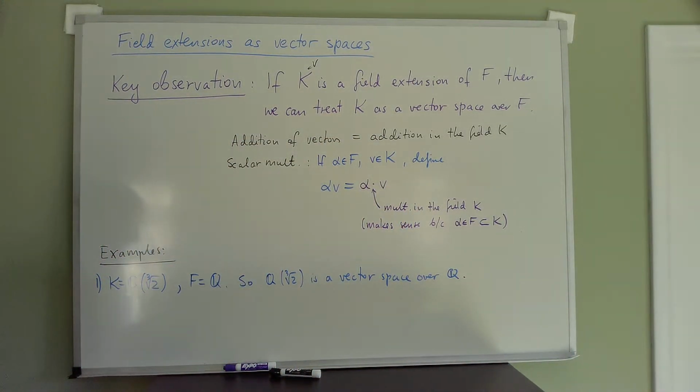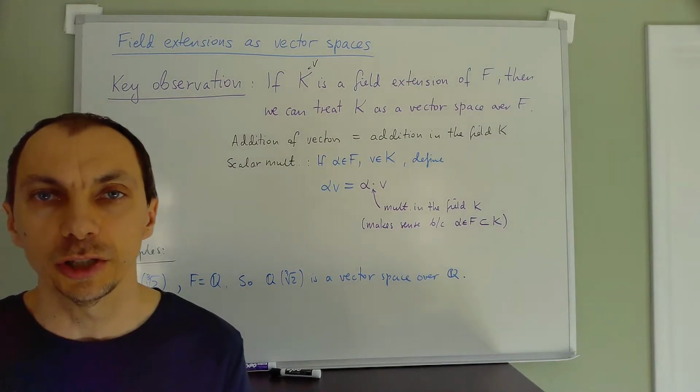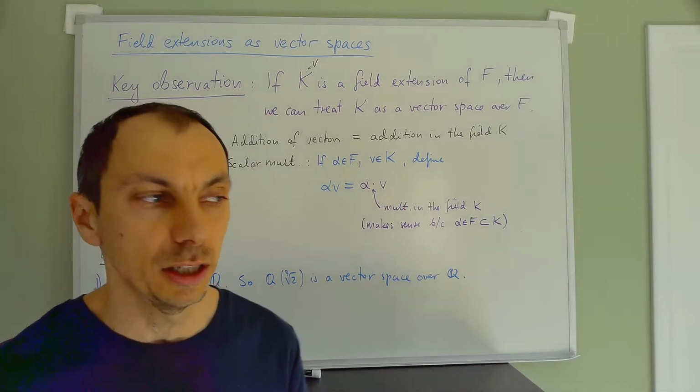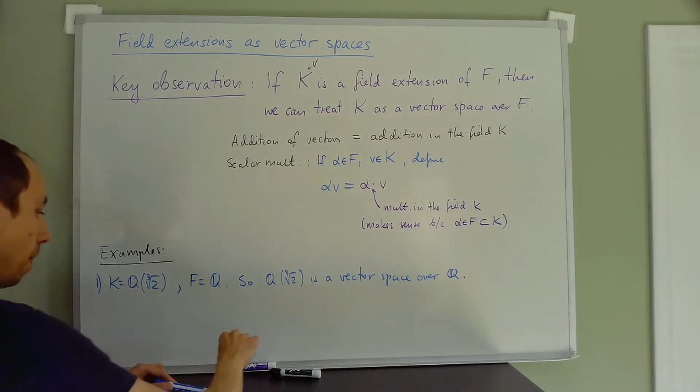But once we have that, we can talk about bases, dimension, spanning sets, linear independence. We can employ all the machinery we know from linear algebra to study these field extensions.